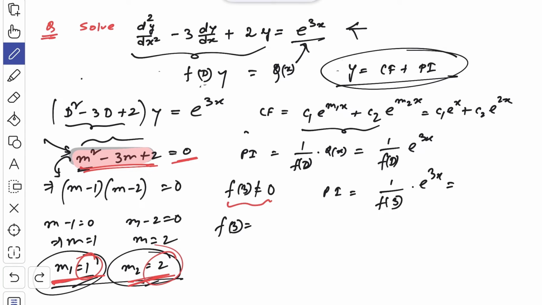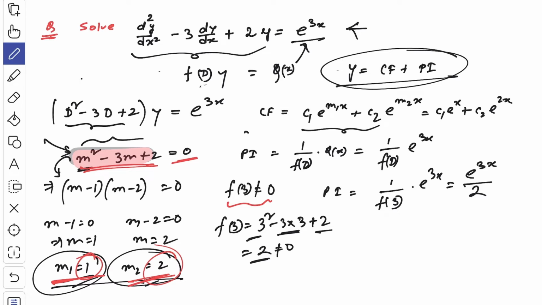Let me show you: 3 square minus 3 into 3, then plus 2. 3 square is 9, 3 into 3 is 9, 9 minus 9 is 0, then we have 2, which is not equal to 0. So we have got f of 3 is equal to 2. So this is our PI, e to the power 3x by 2.